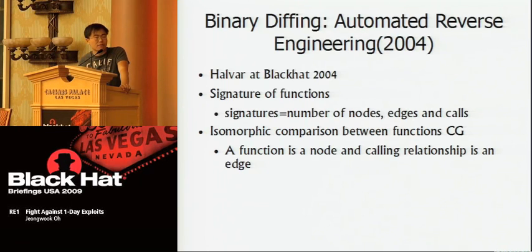The signature was derived from the number of nodes, edges and calls of that function. If the numbers are the same, you can assume the functions are the same. They also did isomorphic comparison of the function call graph, treating a function as a node and a call as an edge, and matching through isomorphism.